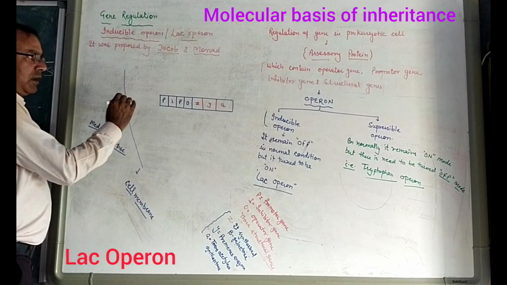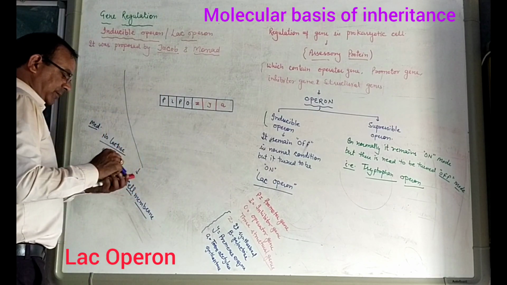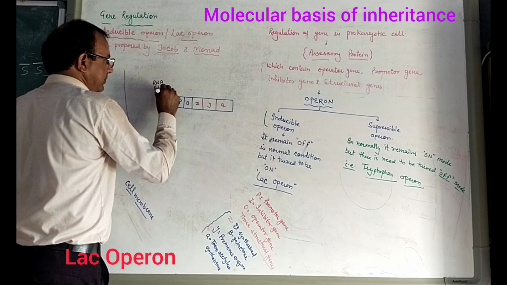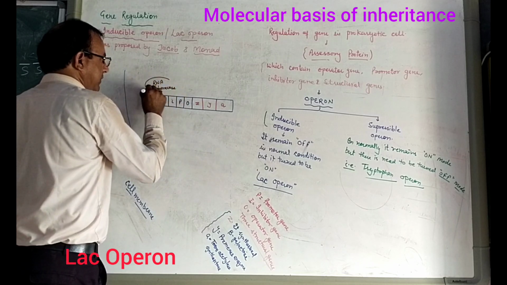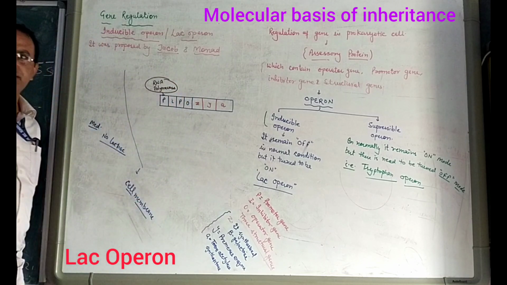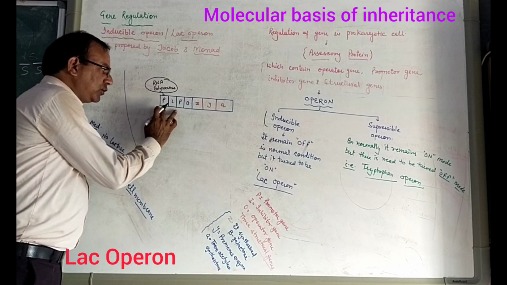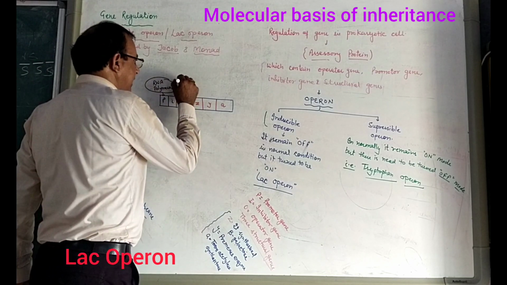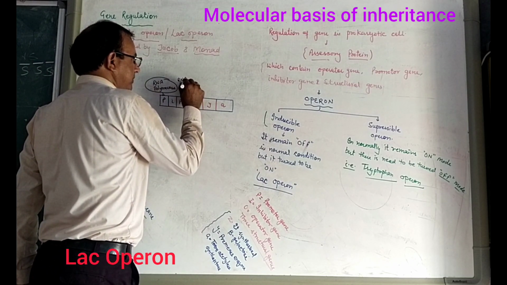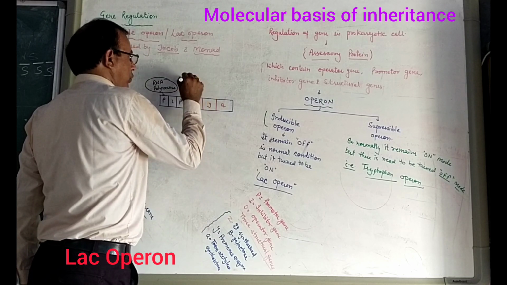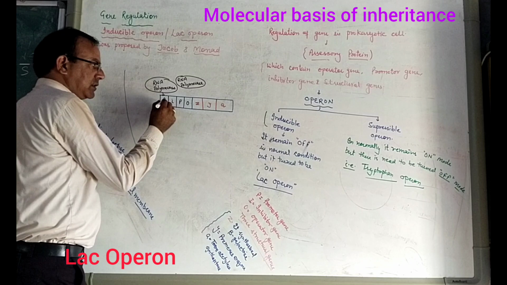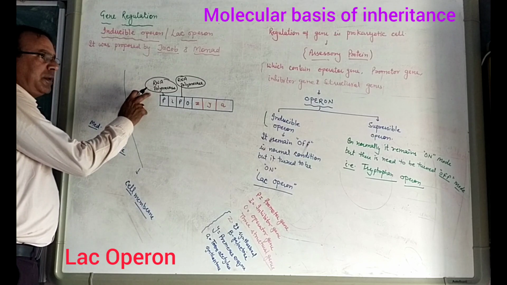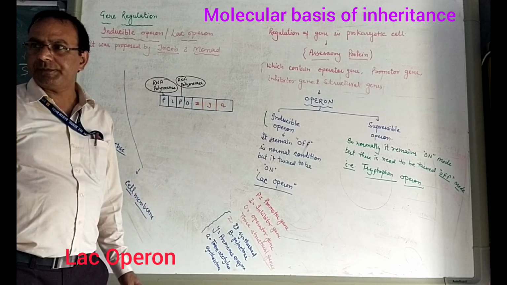So, first of all, RNA polymerase enzyme is attached with the promoter gene. We know that there are two promoter genes. So, at each promoter gene we will add RNA polymerase: one RNA polymerase attached here and another here.